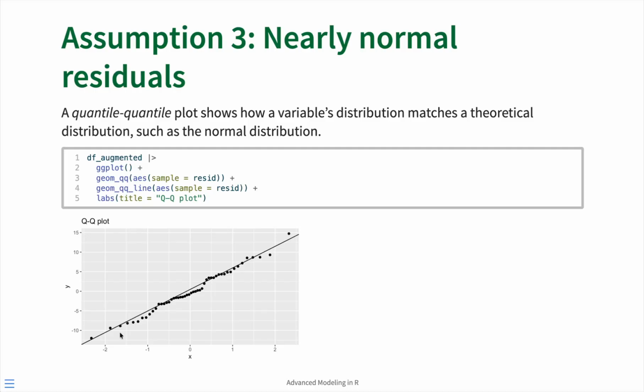And so what we should see is that if they do have a normalish distribution, then they should fall more or less on the black reference line, as in this example. If you see that the points don't really fall on this line, maybe they cross it in one or two places, but the rest of the points are not on the line, then that would indicate that there are significant deviations from the normal distribution.